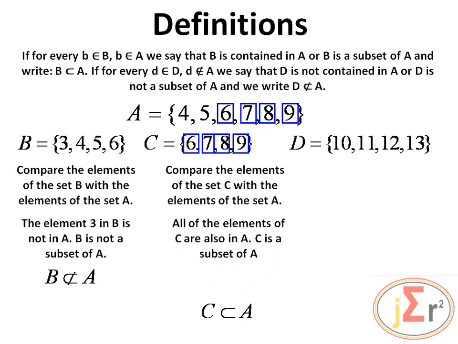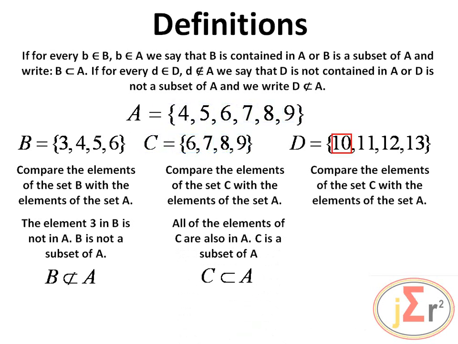Let us do a comparison with D also. We realize that the first one, 10, is not present. 11 is not present, 12 is not present, 13 is not present.